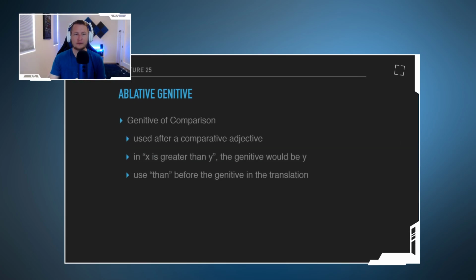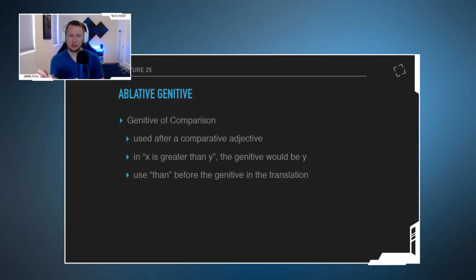Then there's the genitive of comparison, and this is part of the ablative. Ablative meaning separation. So it's used after a comparative adjective. So the example would be in X is greater than Y. The genitive would be Y. Okay? So after a comparative adjective, greater, lesser, something like that.